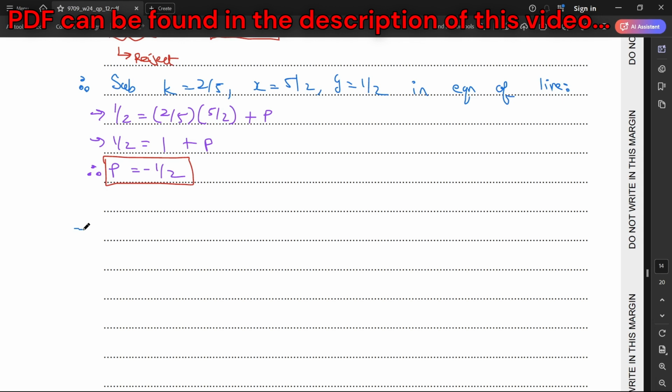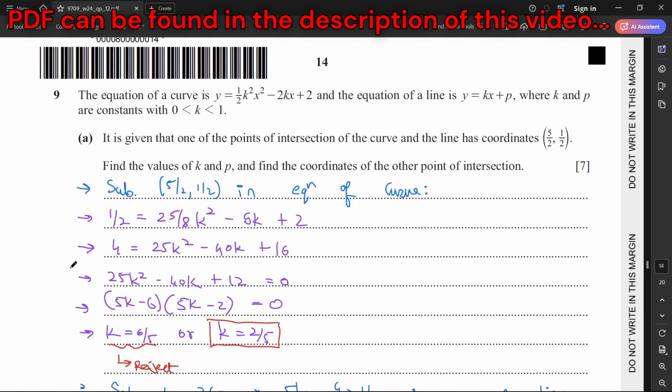So I'll mention that based on this, equate equation of line and curve. And it's going to be something like this. Half into k square. So half into 4 by 5.